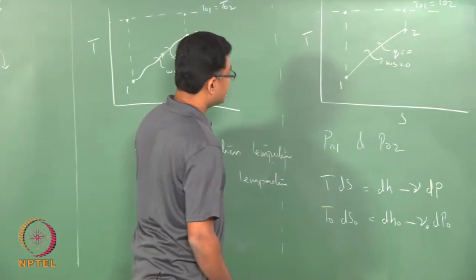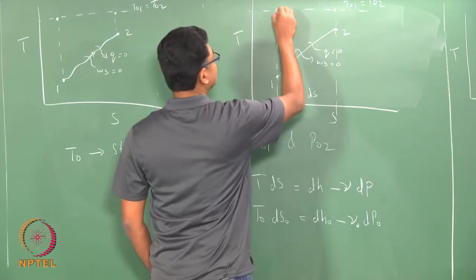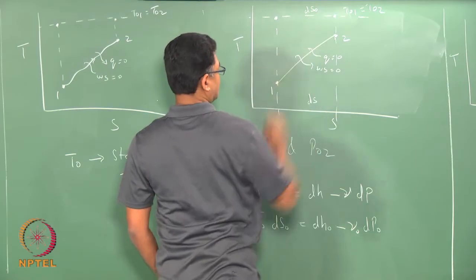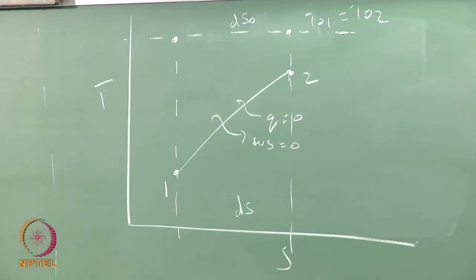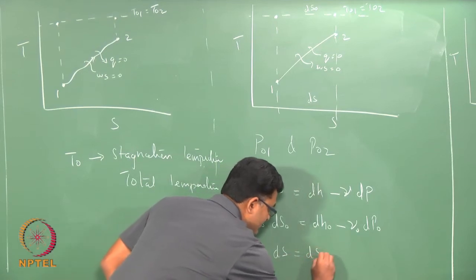Now, the ds associated with this is same as the ds associated with these 2 points, from the picture, from the graph. So, my ds is same as ds0.